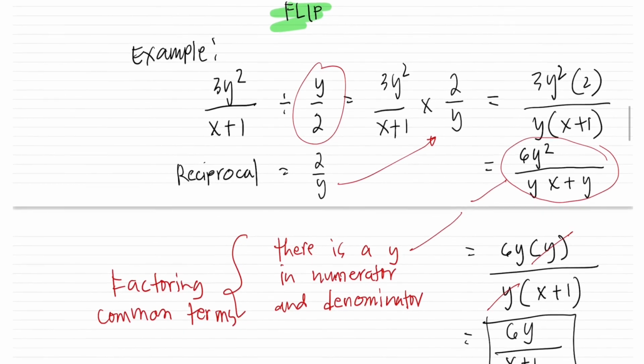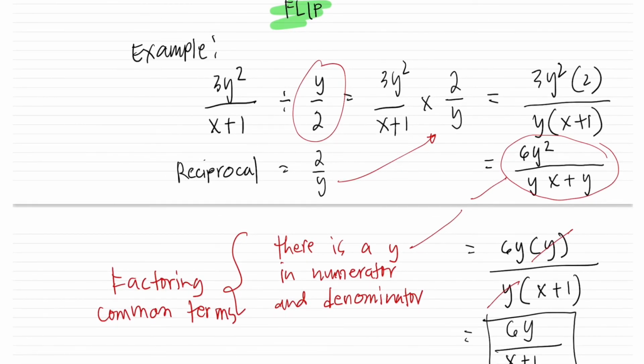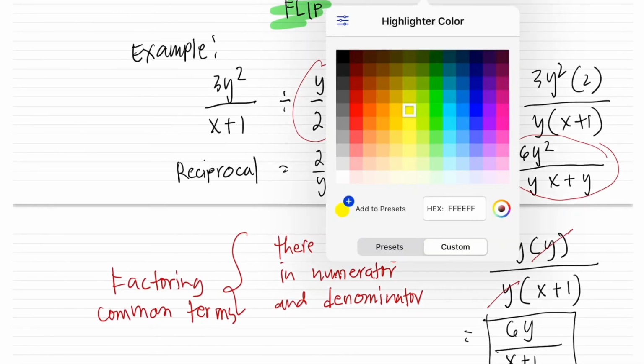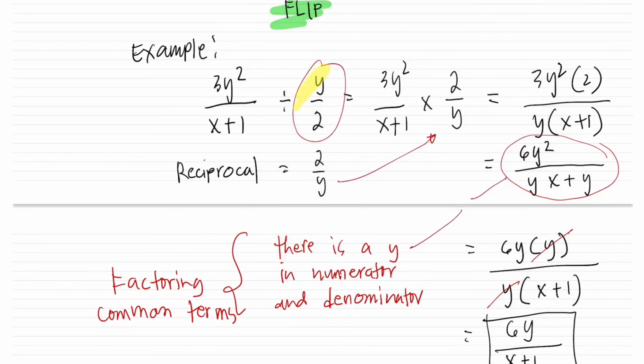Now we have an example here. First you flip the denominator fraction. So from here it becomes this. And then we use multiplication.